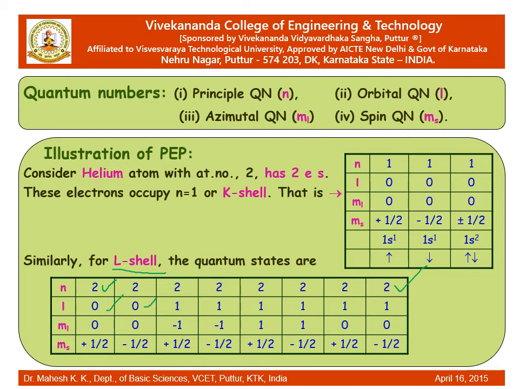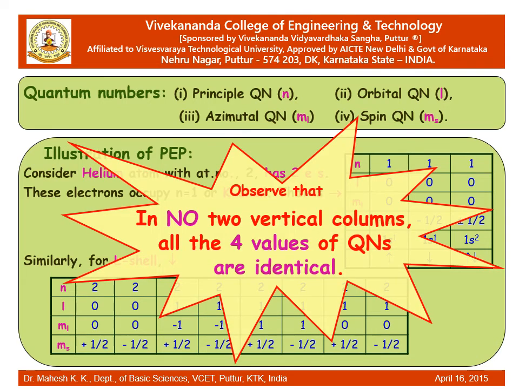Neither of the columns are equal to each other. So the conclusion is that no two vertical columns have all 4 values of quantum numbers identical.